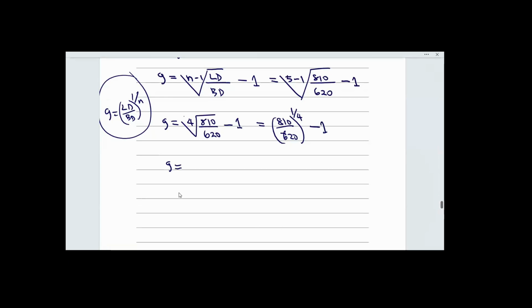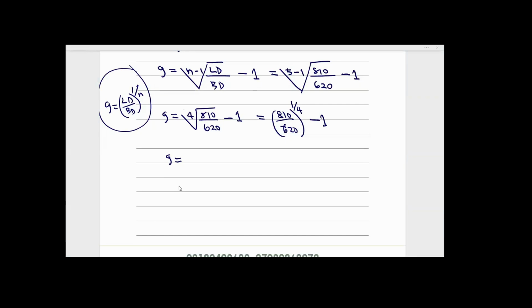Therefore, I can say 810 divided by 620, equal, then whatever I have in my calculator raised to power 0.25, equal, minus 1, equal, multiply by 100%, equal to 6.91. So growth is 6.91%. Here it is 6.9%, so approximately the growth rate is 7%.